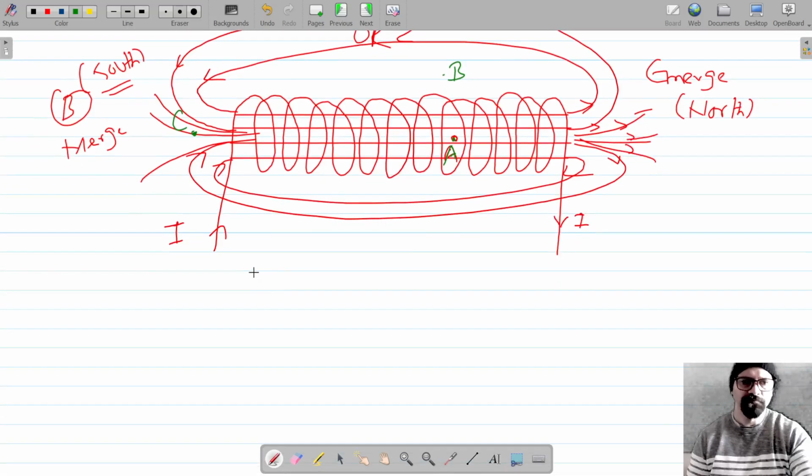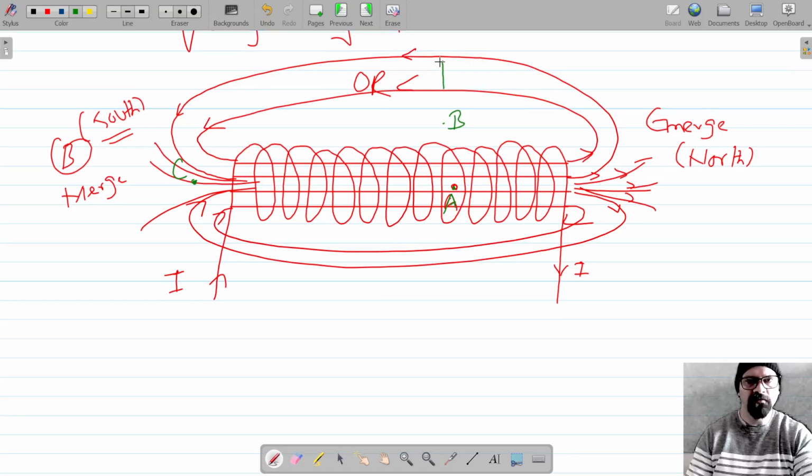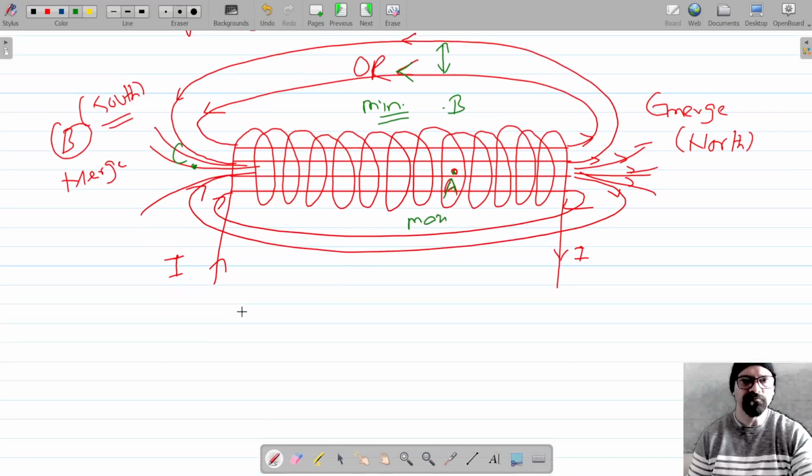And minimum is at point B because if we draw more magnetic field lines, here the magnetic field lines have distance between them. They are away from each other. So this is the minimum and this is the maximum. Point A is the maximum because here the magnetic field lines are crowded.